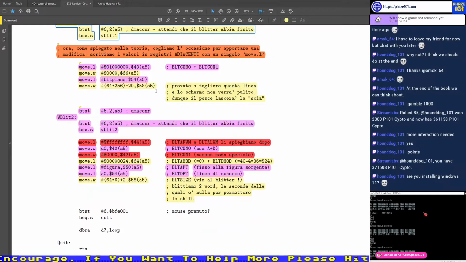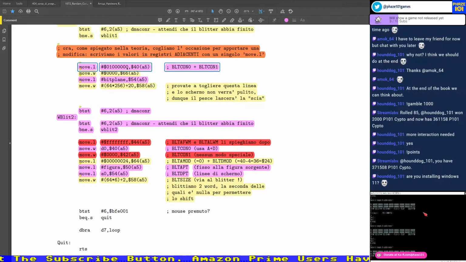The first one is we are setting blitcon 0 and blitcon 1. And notice it's zeros, and it means we are going to clear the screen, because we are not setting any register except D. Here we're setting the modulo, which is 0, register 66.